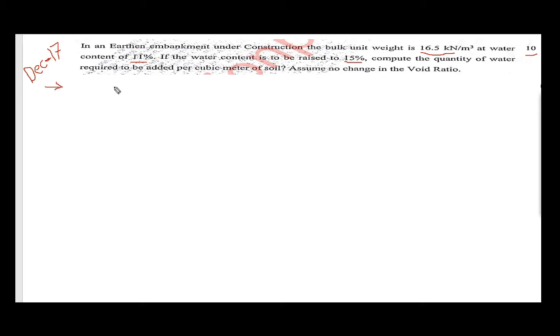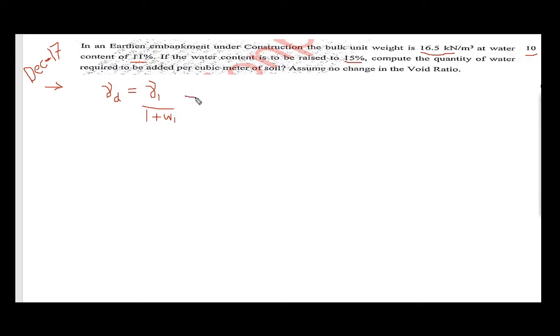First we have to find out the dry density of the soil solid. The dry density is given by gamma d equals gamma 1, the bulk unit weight for water content 11%, divided by 1 plus w1, the water content.